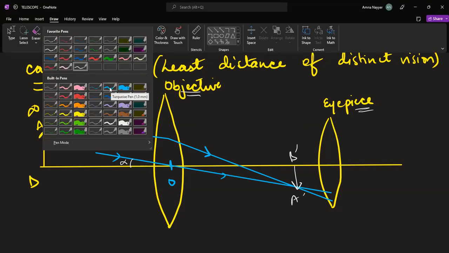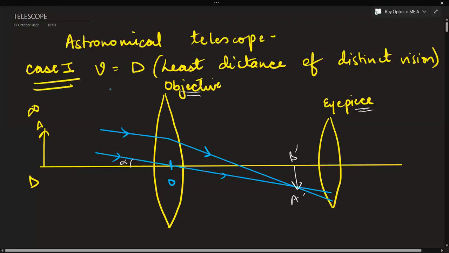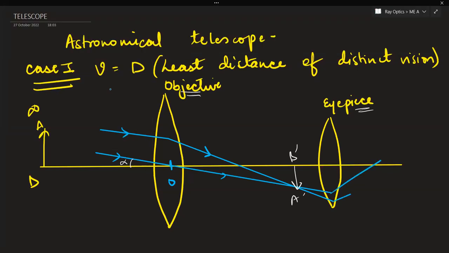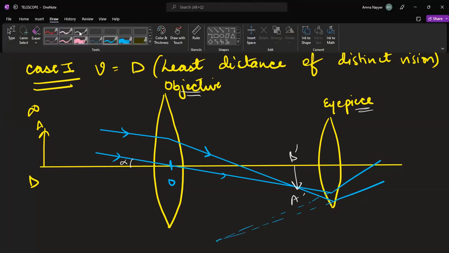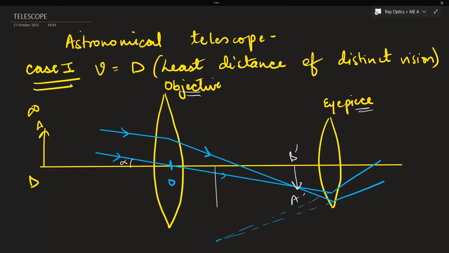These rays will be refracted by the eyepiece, and these rays will meet at a point. Let's say here they have met. So this becomes the final image, A double dash, B double dash.